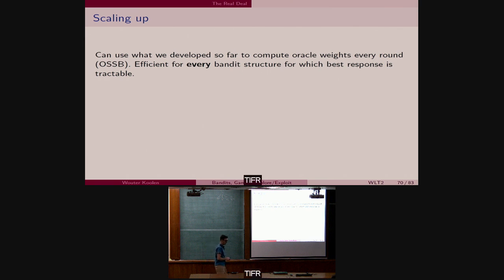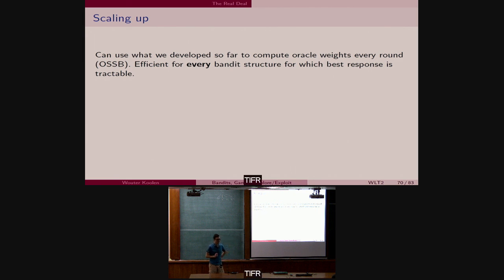So far I've been cheating just to make it more palatable. Let's just say some words about how you uncheat the whole thing. Everything I showed you so far was with fixed mu and knowledge of the delta.